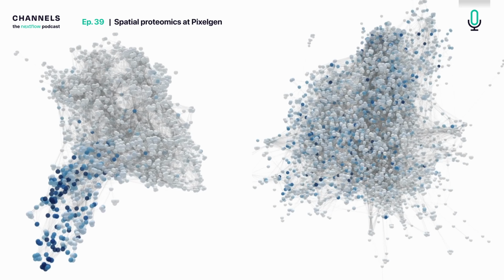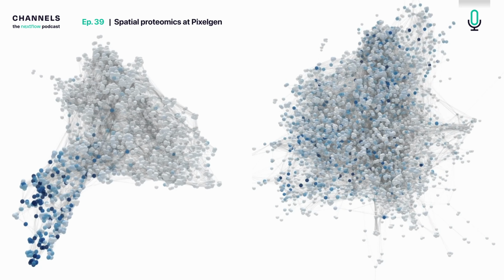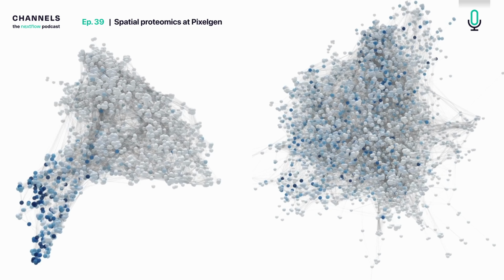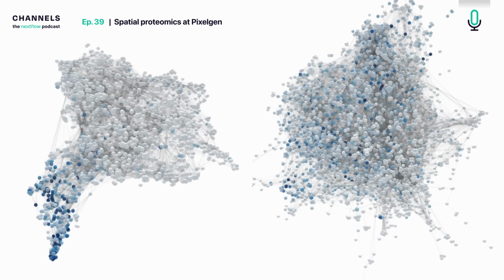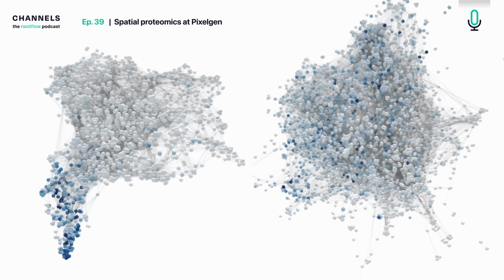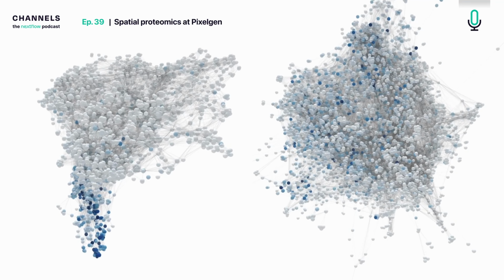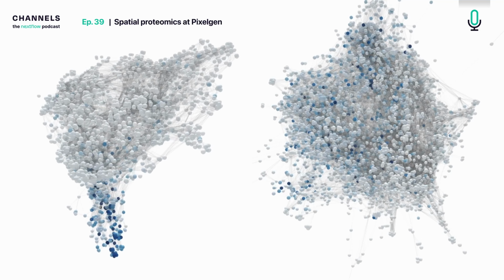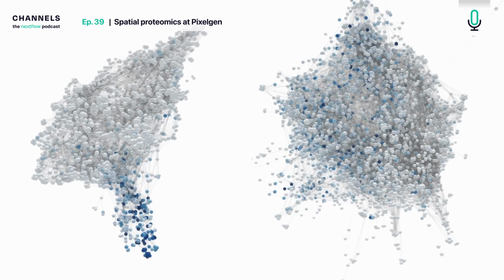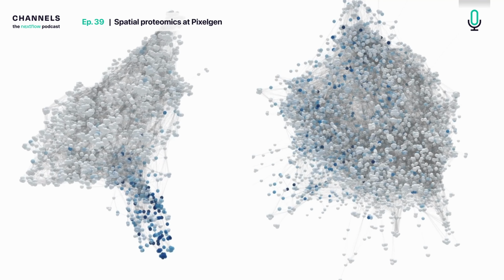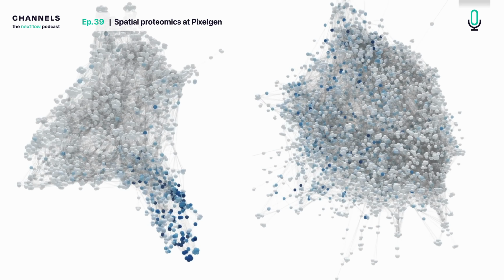So what we're looking at now here is two different cells, one that has formed a Europod, and this is a little bit outside of my comfort zone, but it's a kind of protrusion that a cell creates when it wants to migrate across a surface and move around. We're looking at 2 cells: on the right, roughly a sphere if you're generous, a control cell that we haven't stimulated.